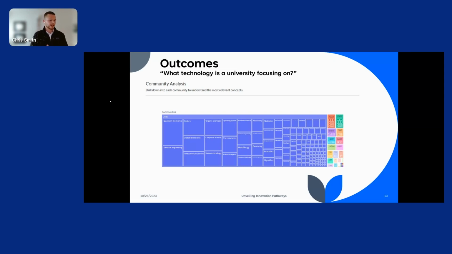We see the same things that we saw in those top research concepts: quantum mechanics, telecommunications, nanotechnology. So not only are we able to see what technologies a university is focusing on, but we're also able to look at what communities they're a part of, and which influential researchers are coming from or affiliated with that university as well. So we're able to go one step further with this graph solution that we've built.